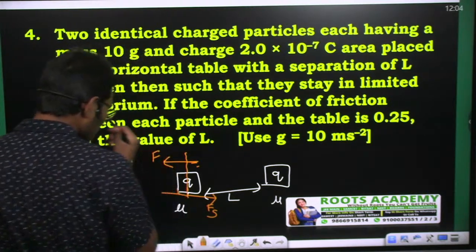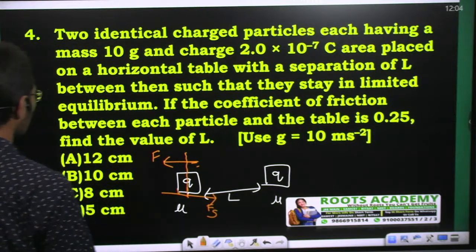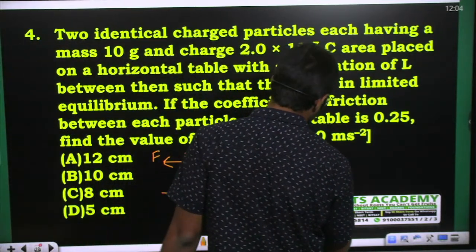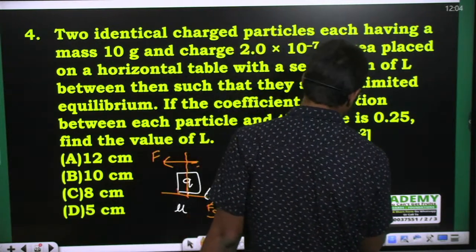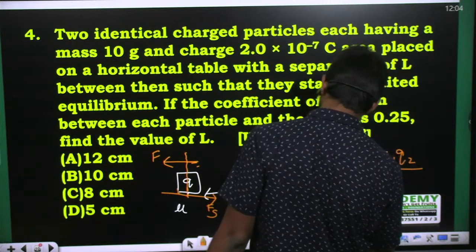This body is in equilibrium right now, so if we equate these two forces, we are done. What is this force? Force due to the electrostatic field is K Q1 Q2 by L square.